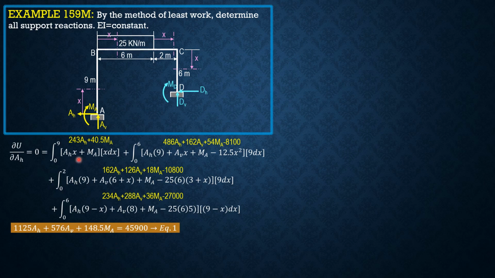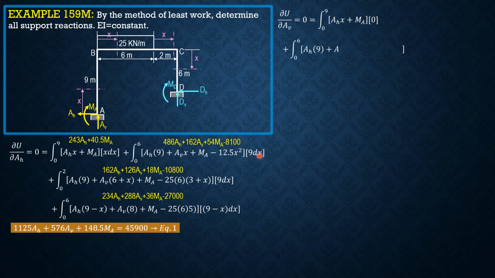For the succeeding equations, it would be easy because we just replace the second factor by the derivative of the redundant force. This time, the redundant force is AV. So partial of U with respect to AV equals 0 equals, we copy the moment equation, then replace this by 0. And plus this equation here, copied.